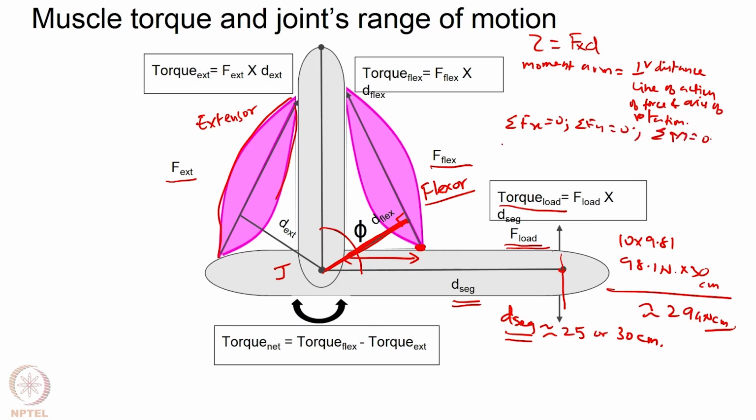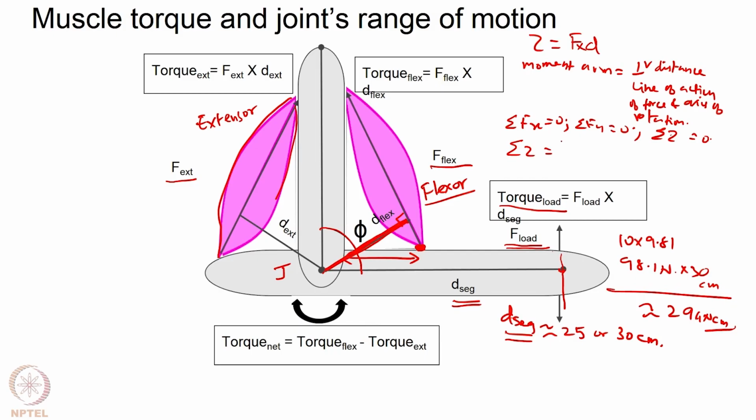In this case, if you choose convenient coordinate systems, sigma M alone you will write. For the purpose of this course I will use, instead of M, tau for the moment or torque, because M's can sometimes be confused for muscle force. So, I will use a different notation.